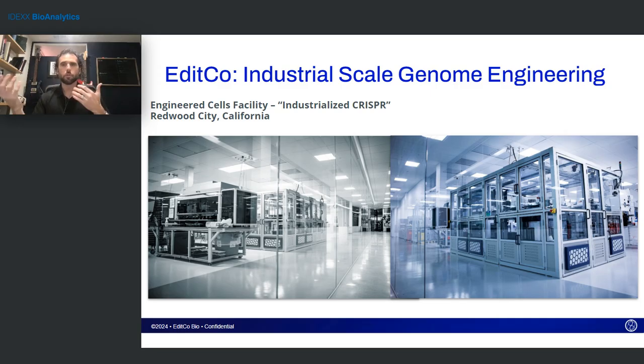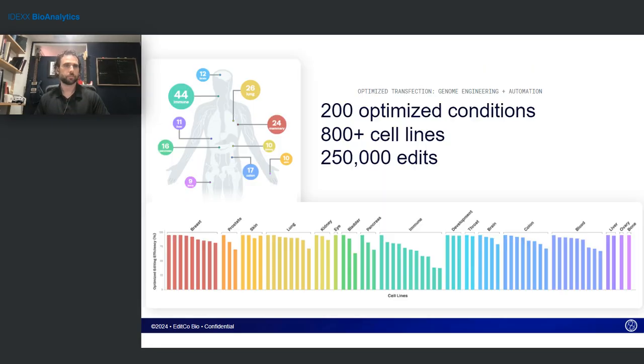We screen on average about 400 clones per project, and as you can imagine, the data and images add up quite quickly given the number of projects we do. A huge shout out goes to our data, software and automation teams for designing such an intricate system that's really high throughput.